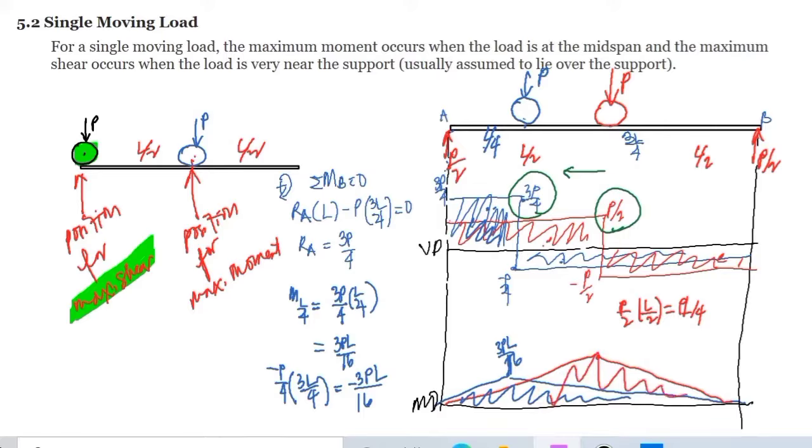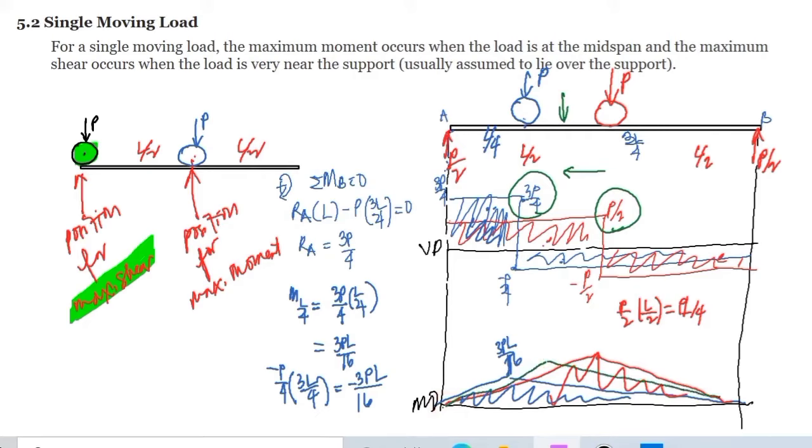To have the visualization of the change in the moment if we are going to move our load closer to the support, so if the load is positioned over here, this would be the moment.